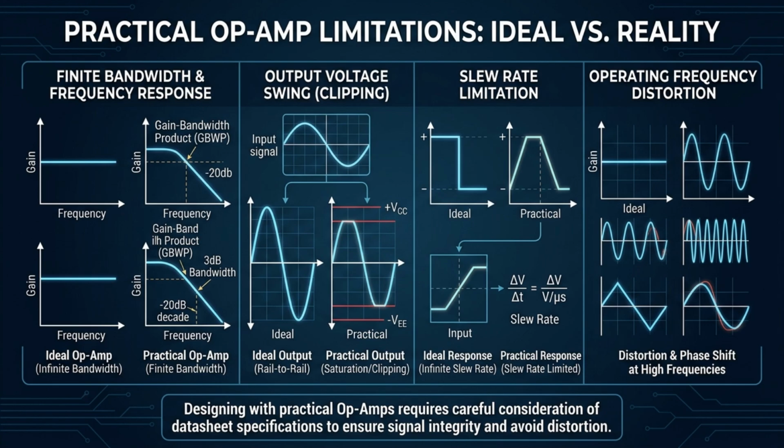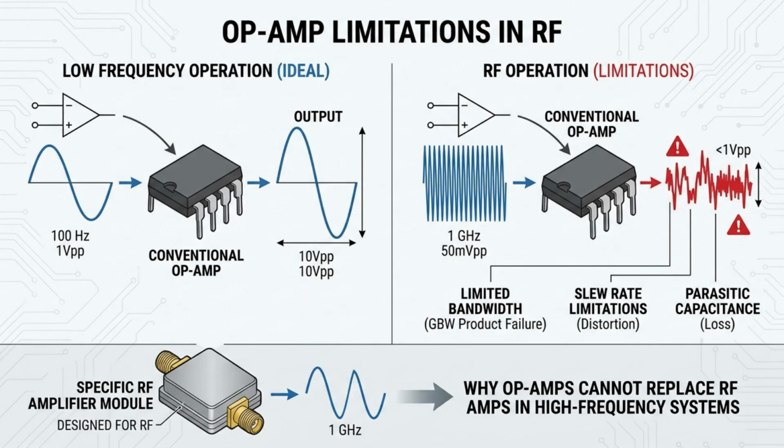In reality, every practical op-amp has limits on bandwidth, output voltage, slew rate, and operating frequency that designers must consider. In the next lesson, we'll explore op-amp limitations in RF and discover why conventional operational amplifiers cannot simply replace RF amplifiers in high-frequency communication systems.